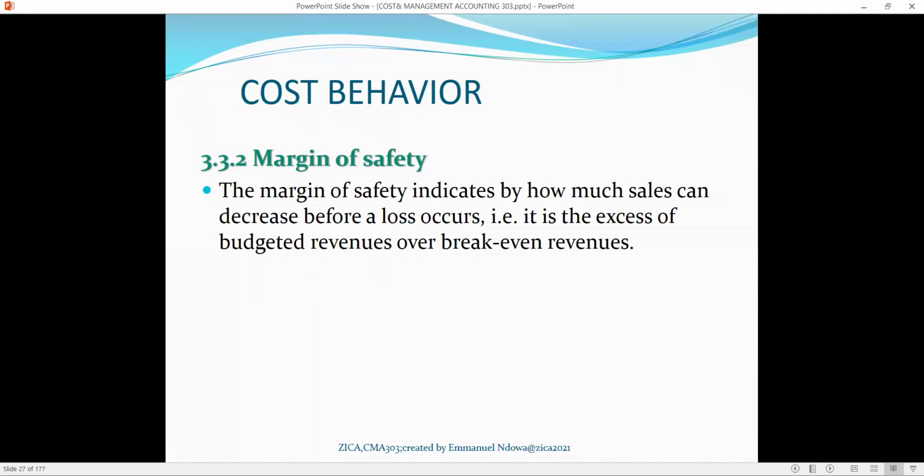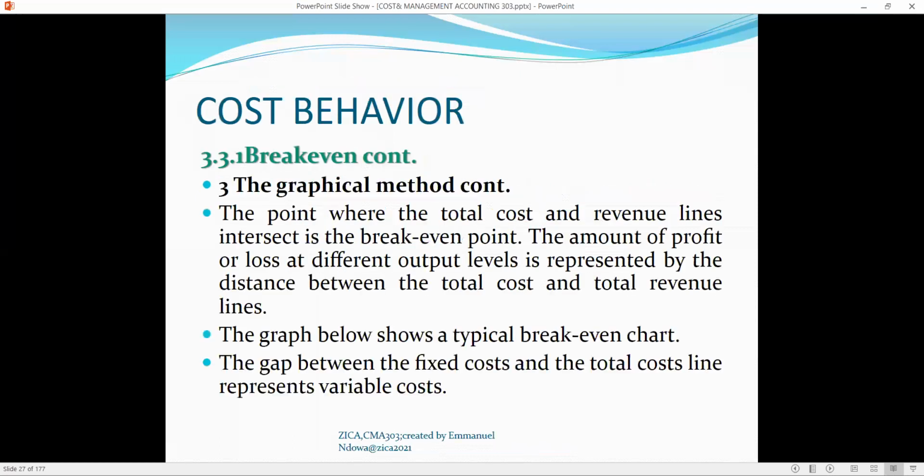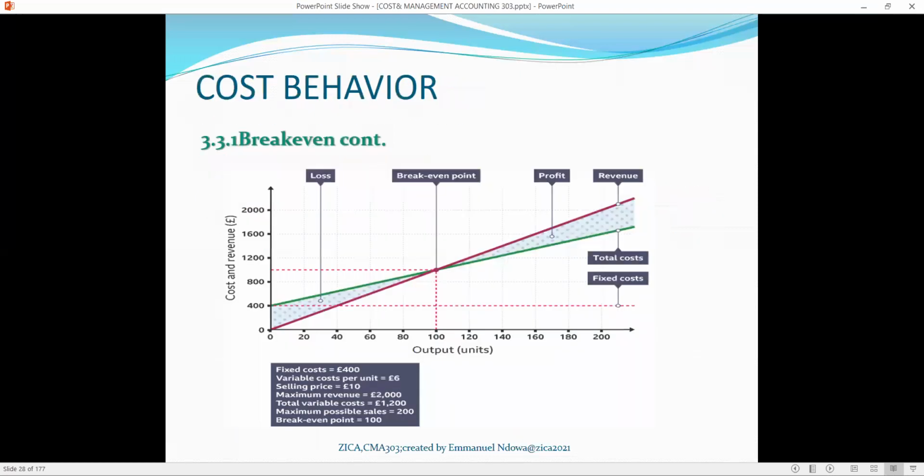The budgeted revenues are what you have assessed when you draw your budget, but if you subtract the break-even revenues from the budgeted revenues, that's where your margin of safety is. If we go to our graphical method, I can show you where our margin of safety lies.